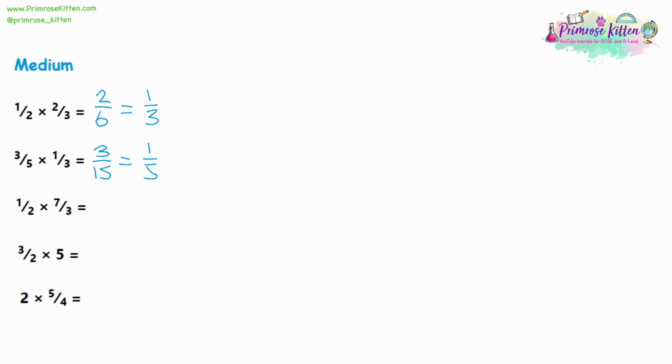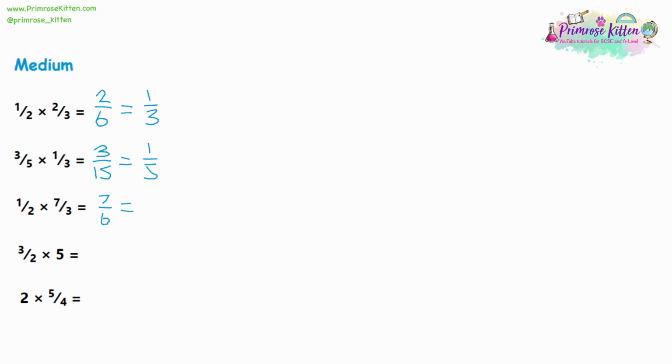Question 3, we have a half multiplied by 7/3. Let's multiply the numerators. 1 times 7 is 7. Let's multiply the denominators. 2 times 3 is 6. Now with this one, we can't simplify by dividing. 7's a prime number, we can't divide 6 by 7, so we can't do that.